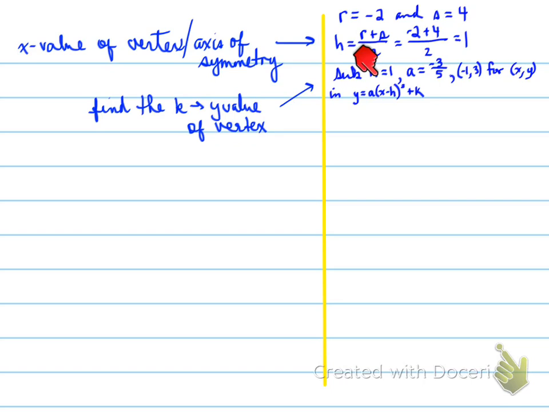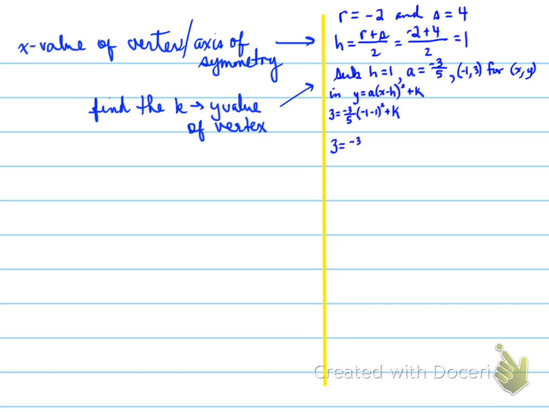Once we plug in h, a, x, and y, this will allow us to find k. So that means that it will be 3, which is y, equals a, which is -3/5, times x, which is -1, minus 1, all squared, plus k. K is what we're looking for.